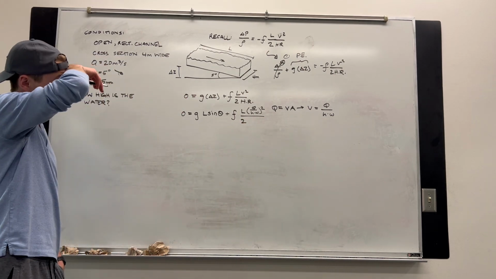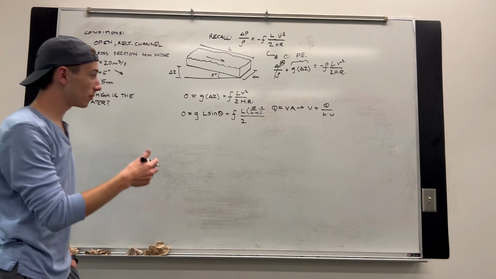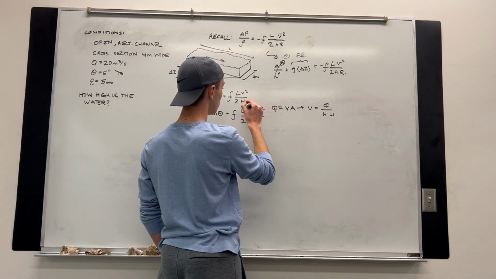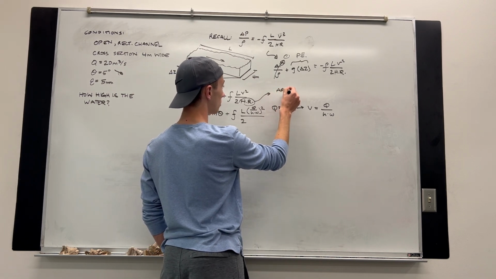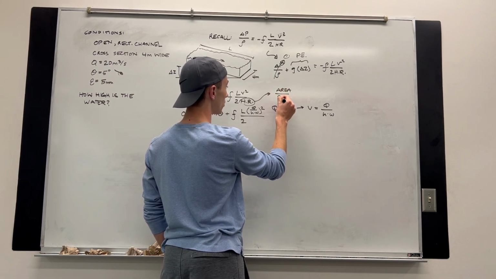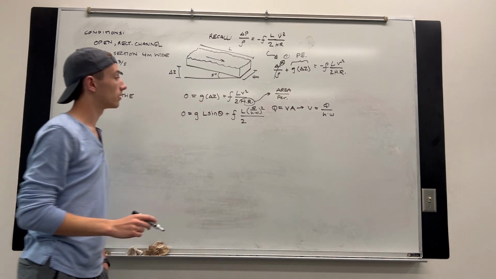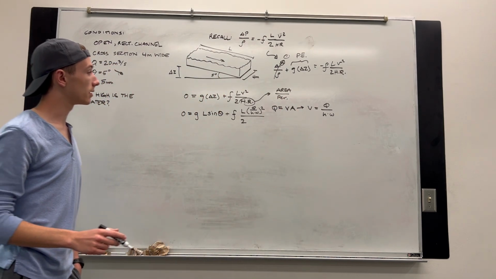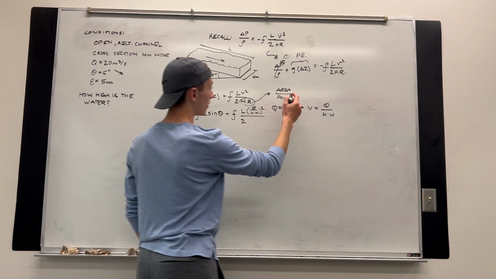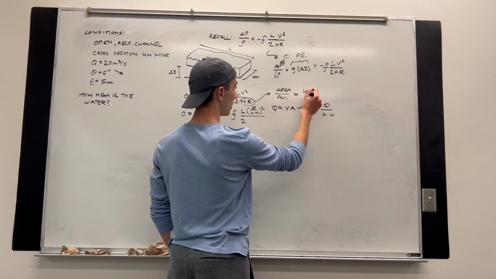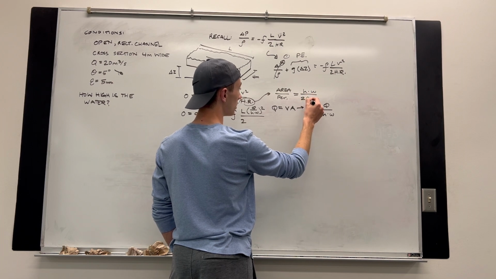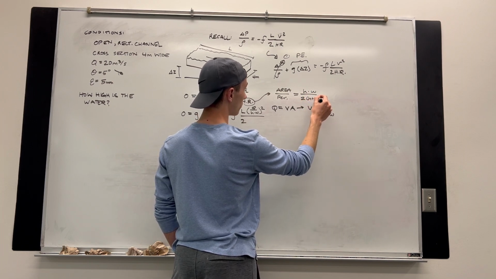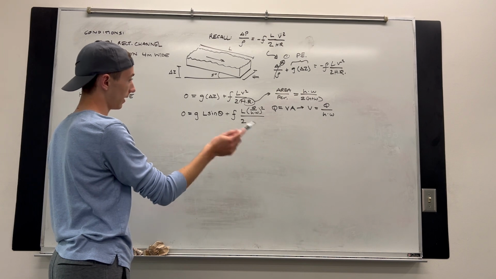Well, what is the hydraulic radius? If you remember, the hydraulic radius is equal to the area over the perimeter. So the area is, again, the height times the width, and the perimeter is 2 times the height plus the width, right?